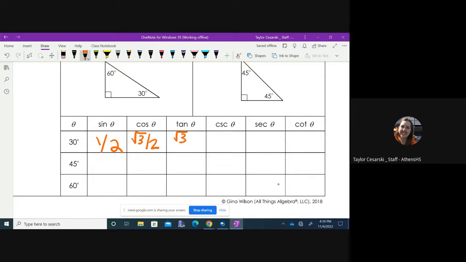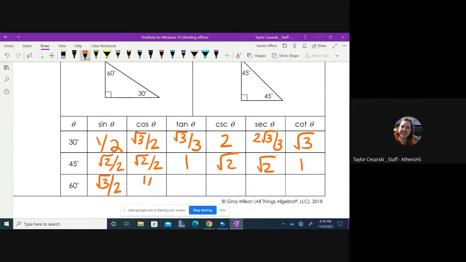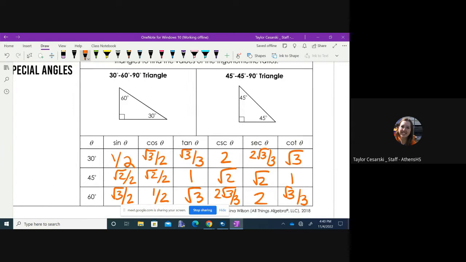I'm just going to fill these in and then I'll talk about them a little bit. So if we look at, I'm actually going to start with the 45, 45, 90.